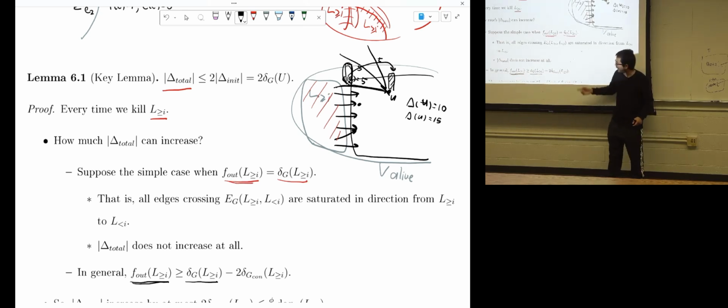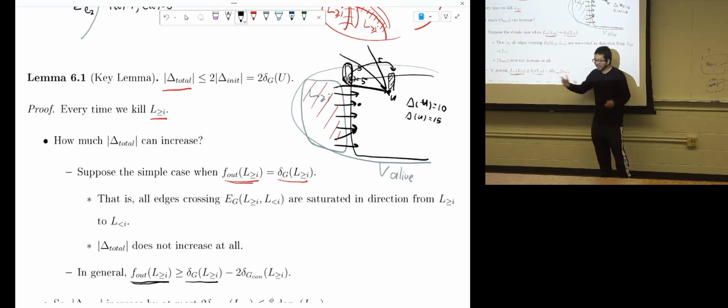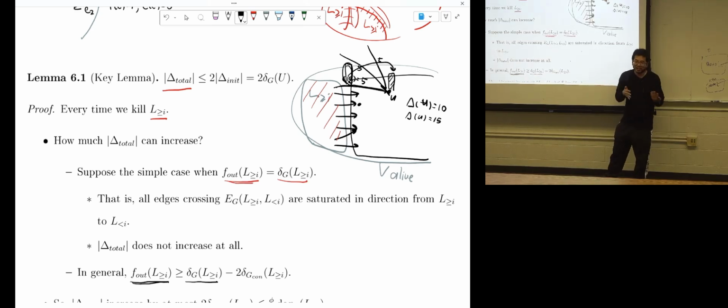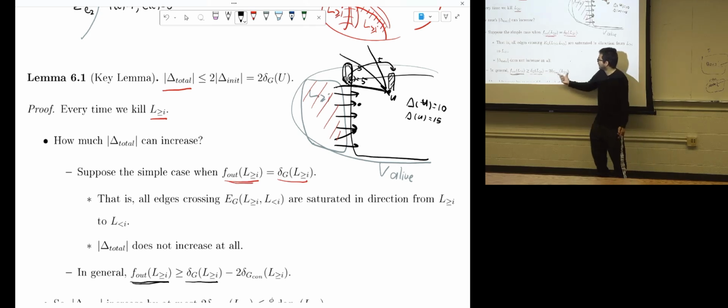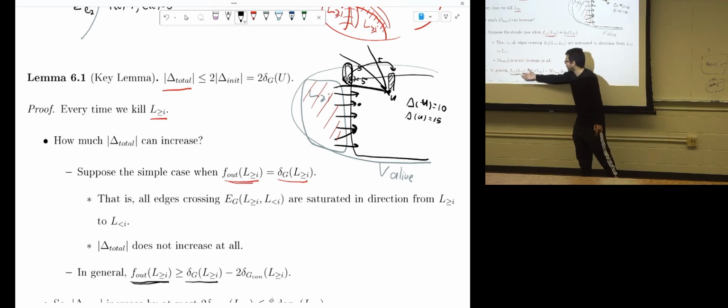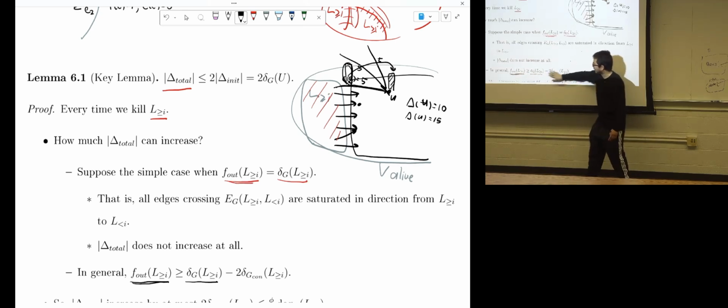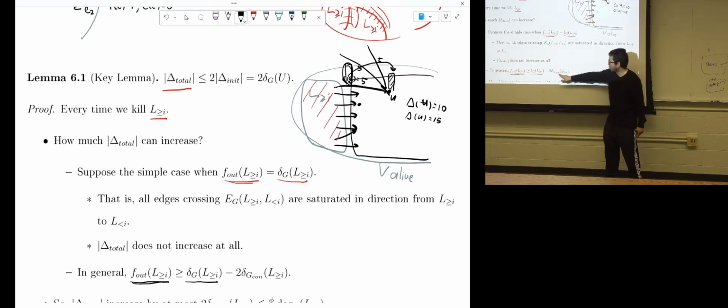Because these are the only edges on the consecutive level that you don't saturate. This is the edge on the consecutive level that the flow might not be saturated. It might even go in the wrong direction. So this is how much flow you don't saturate in the cut. How much flow you don't saturate this cut is by this much, 2 times the size of the cut in Gcon.